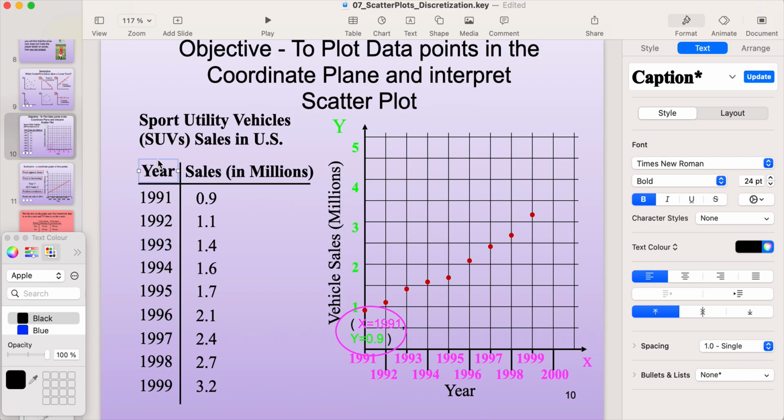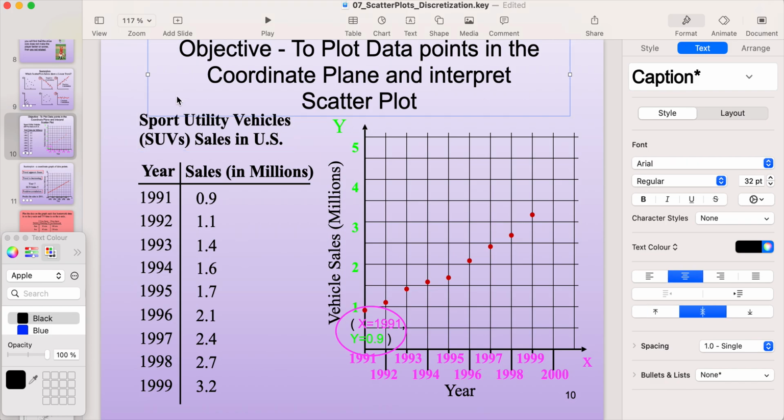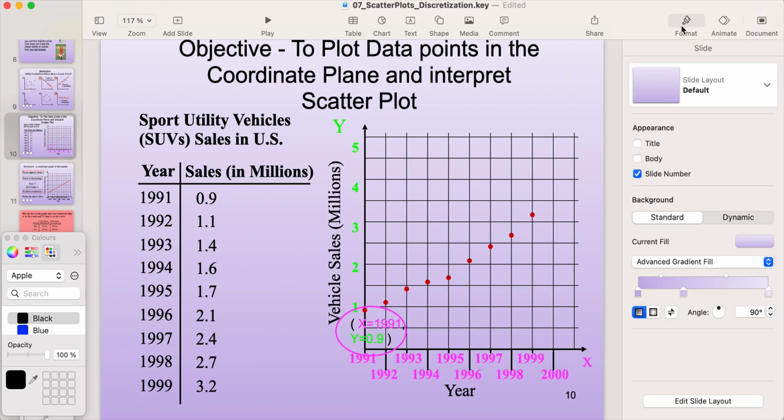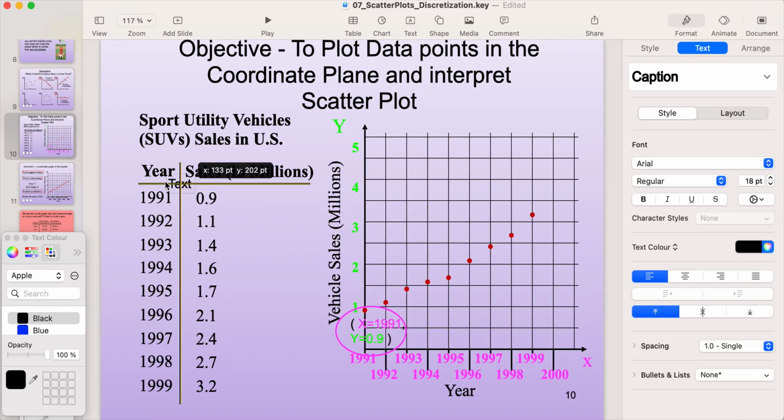So this one is going to be our x attribute, and the other one is the y attribute.